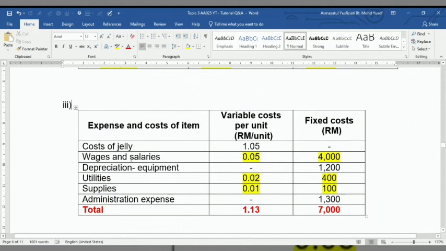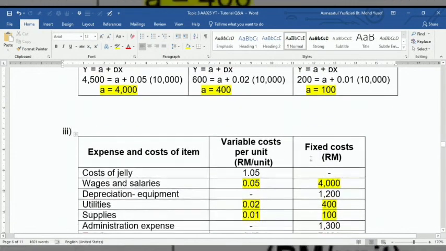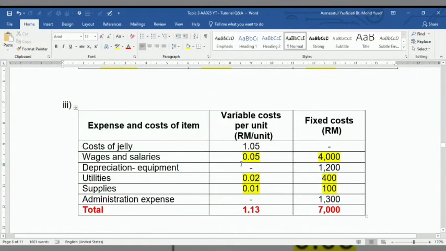Okay, next is wages and salary, which is the mixed cost. So dia ada variable cost and also the fixed cost. Kita dah calculate kat atas ni. So the variable cost for wages and salaries is 5 cents. The fixed cost is RM4,000. Next is depreciation equipment.